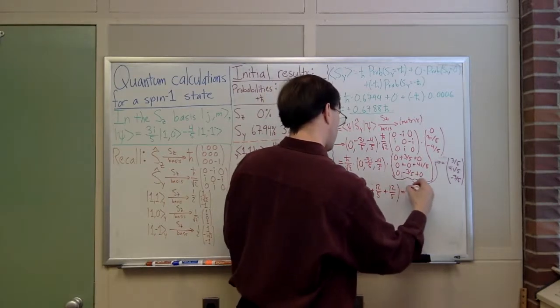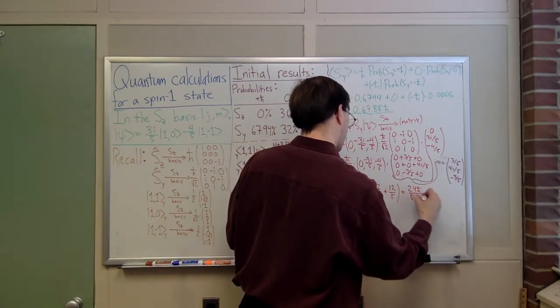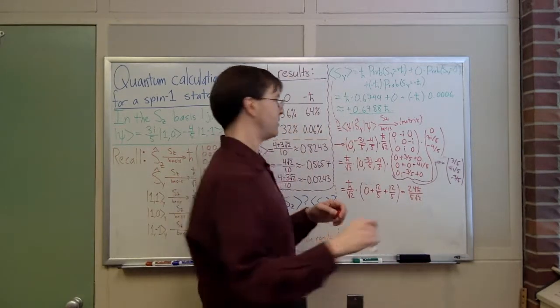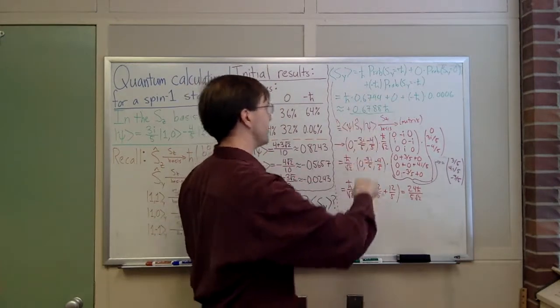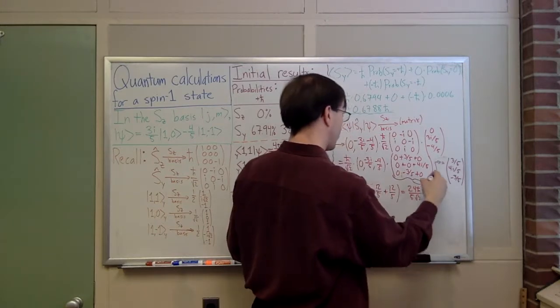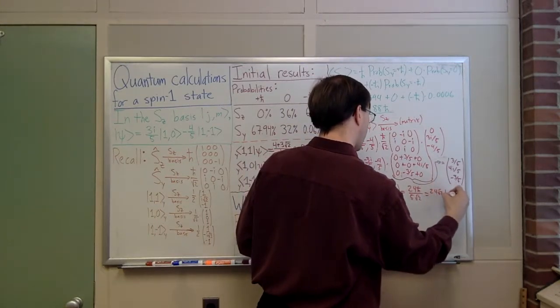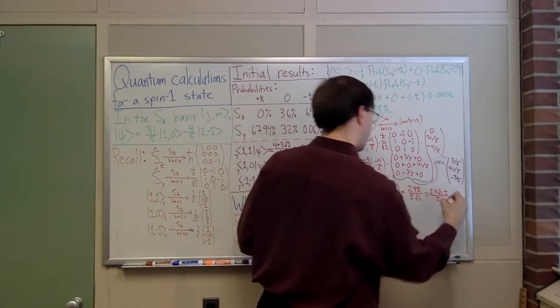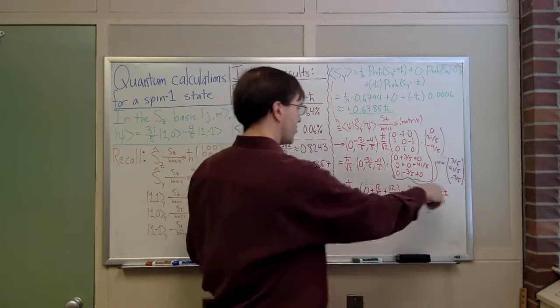So I get 24 h bar over 5 square root of 2. I didn't try to do this explicitly, did I? Maybe I should have. Let me rationalize the denominator, multiply by square root of 2 over square root of 2. That gives me 24 square root of 2 h bar over 50, which is probably good enough.